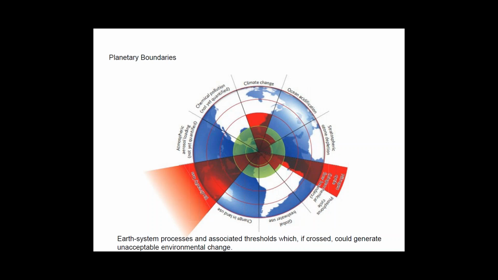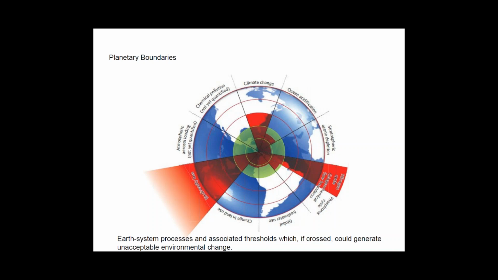We need to see where we are now, where we were pre-industrial revolution, and what the limit is for some of these boundaries. So this is broken down into several different Earth system processes, as they call them, and they tried to set a threshold for each one, so that if you go past it, you'll generate what they describe as unacceptable environmental change.